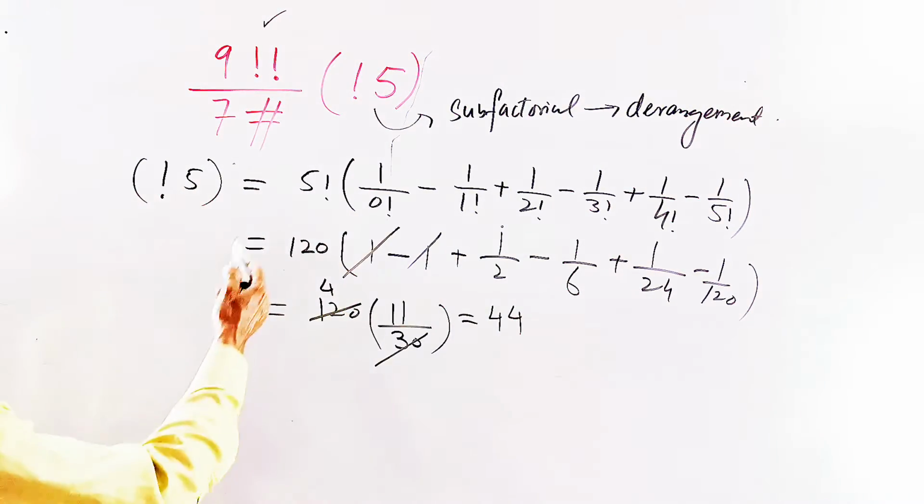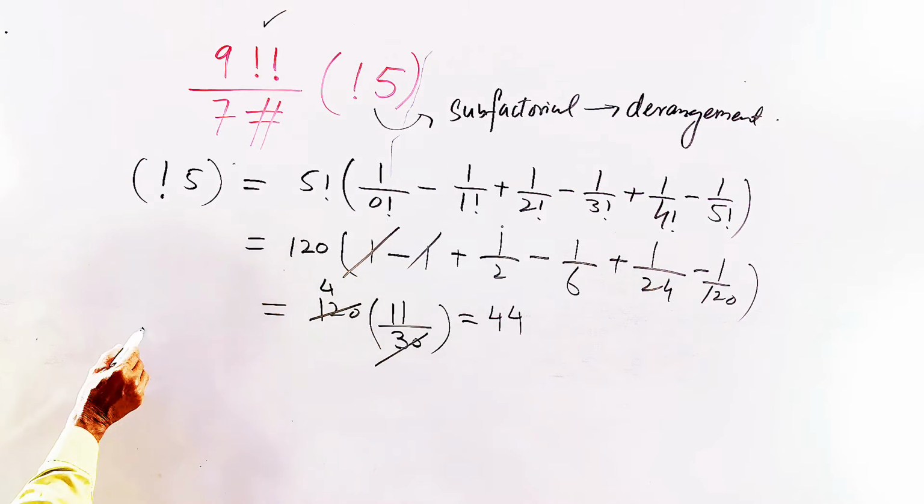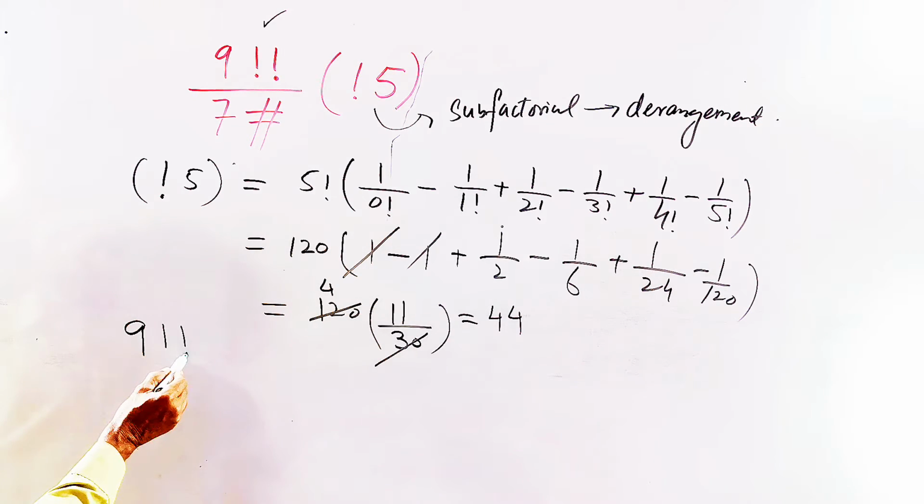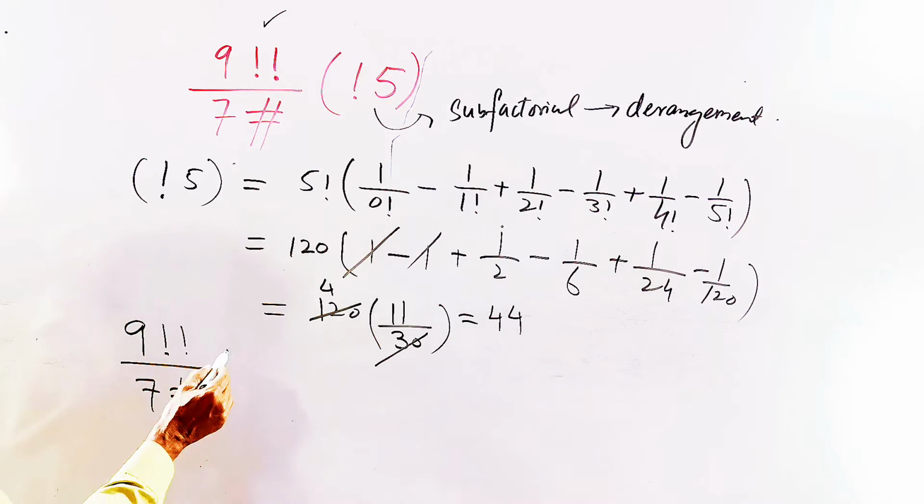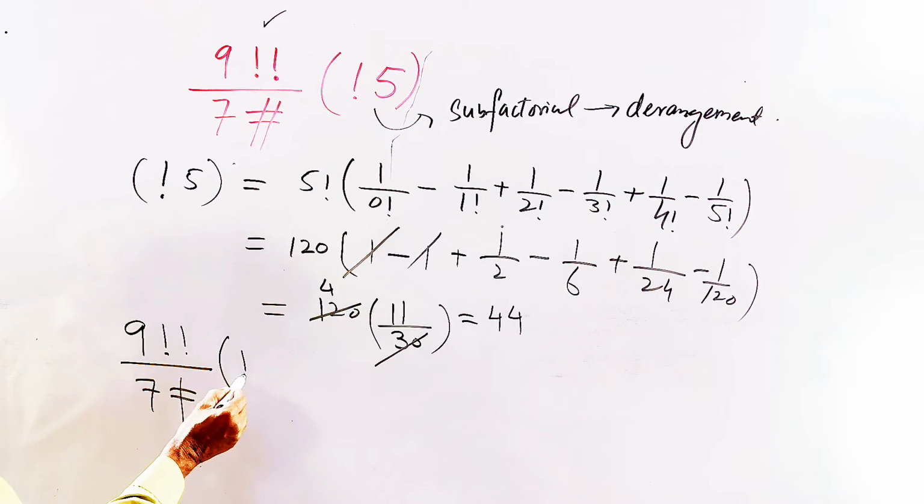In this process, we get the reduced form of 9 double factorial divided by 7 primorial times subfactorial of 5.